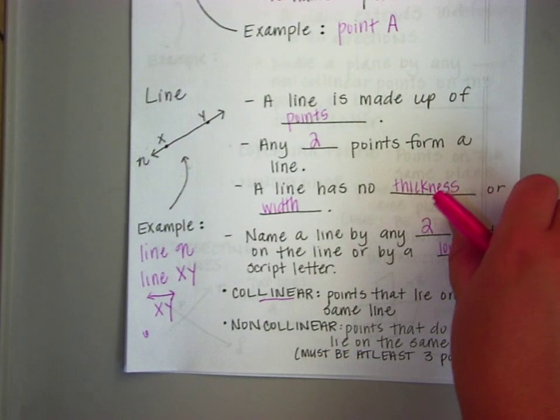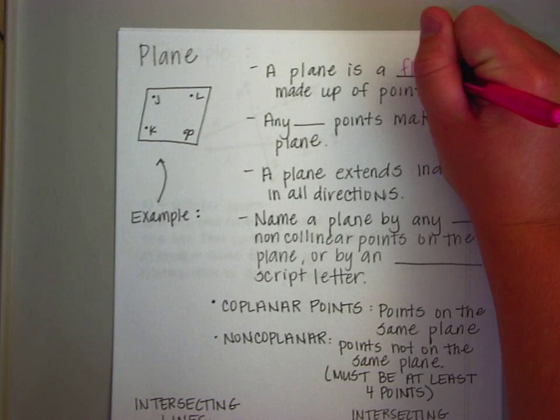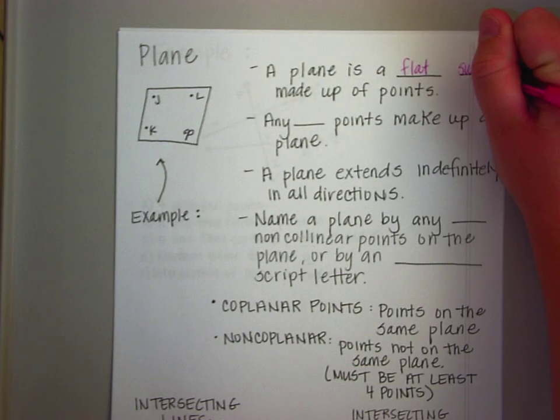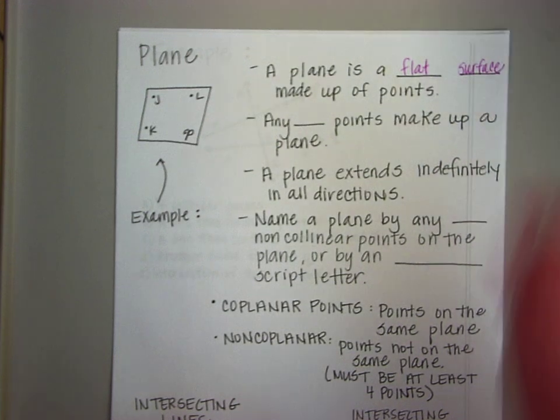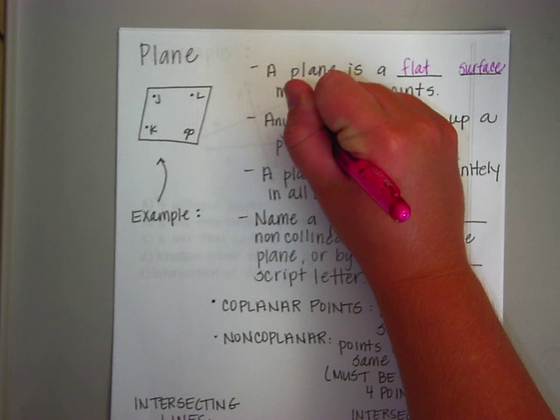Now we're going to go on to a plane. A plane is a flat surface. Think about that piece of paper. A piece of paper is a flat surface. It is a plane. 3 points make up a plane.